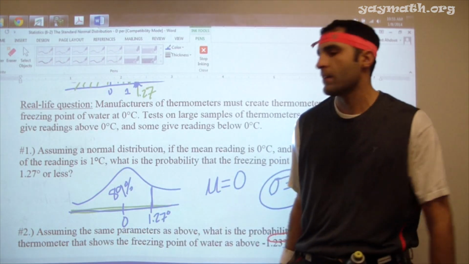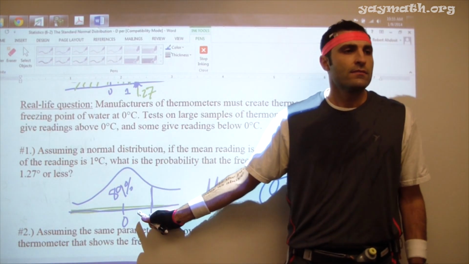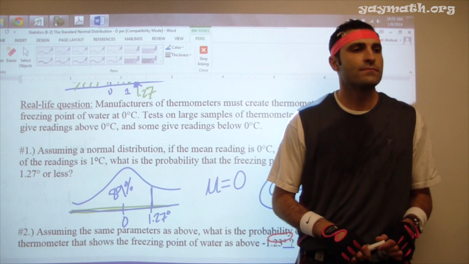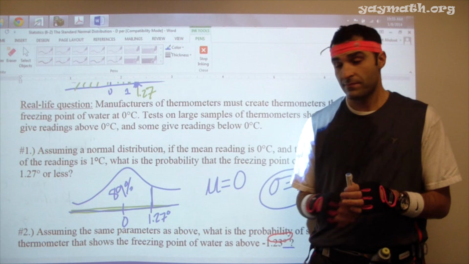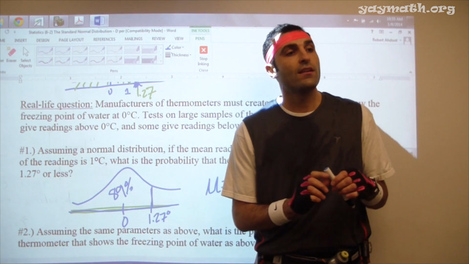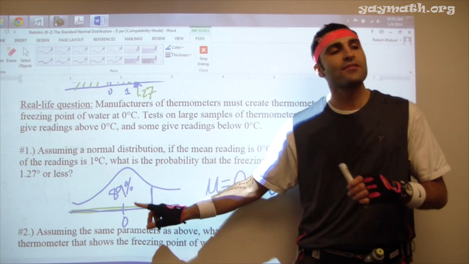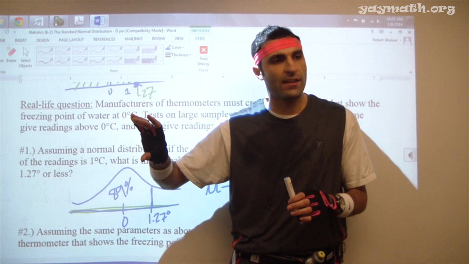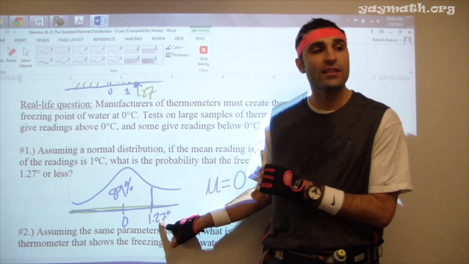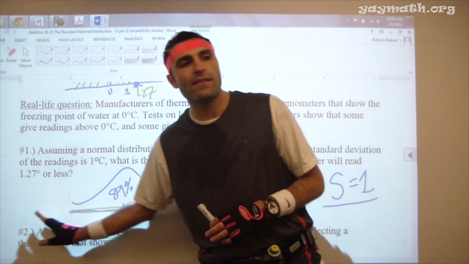There's an 89.8% chance that you have a 1.27 or at most 1.27. There's an 89% probability that when you test the thermometer at freezing, your thermometer will actually wrongly read 1.27 or something less than that.